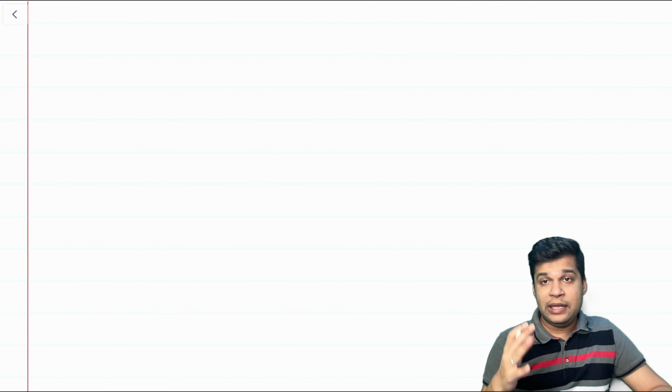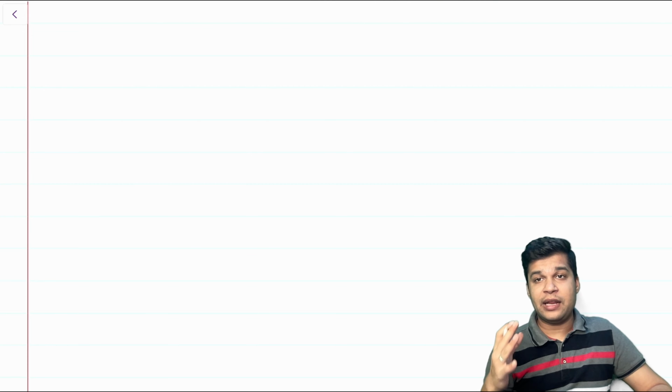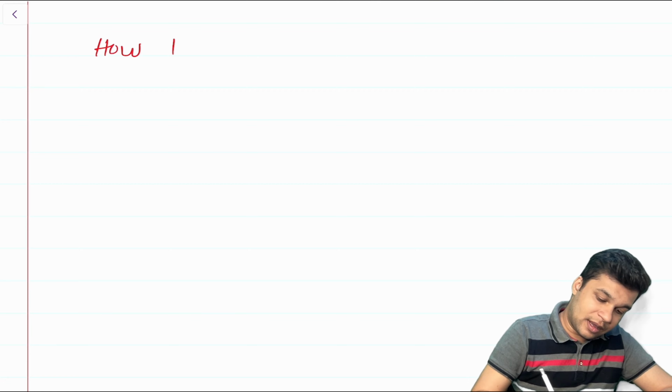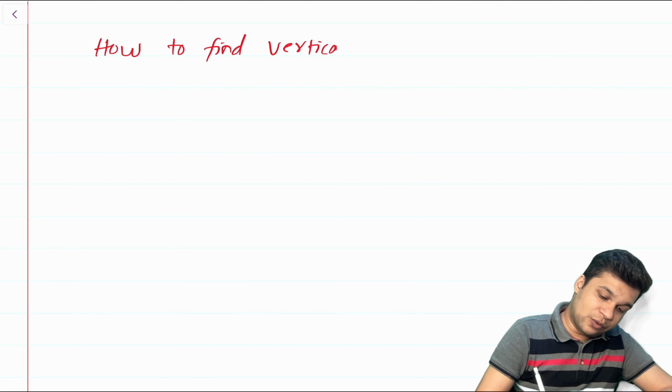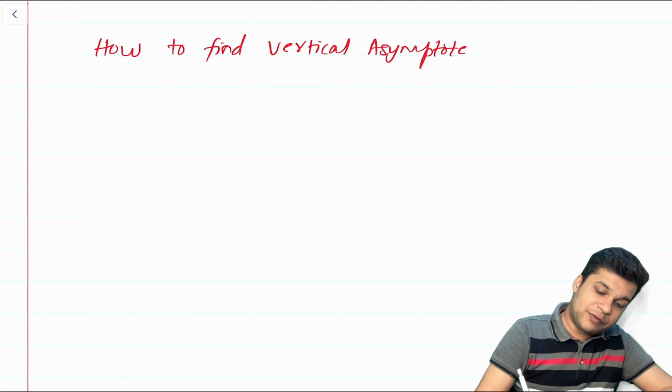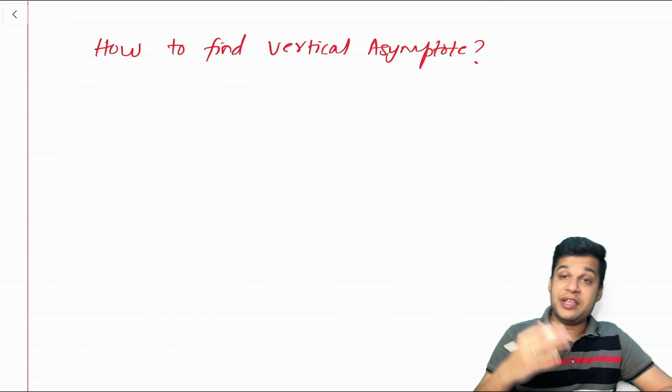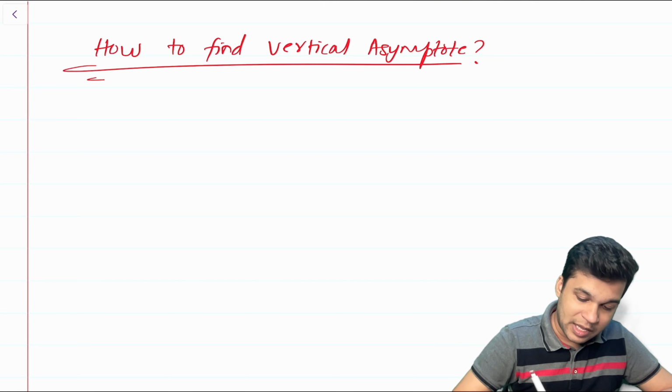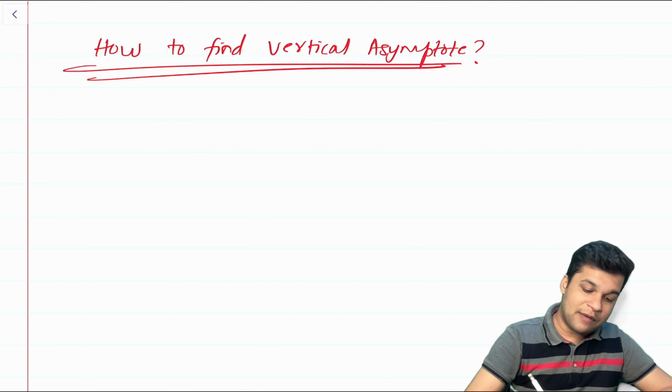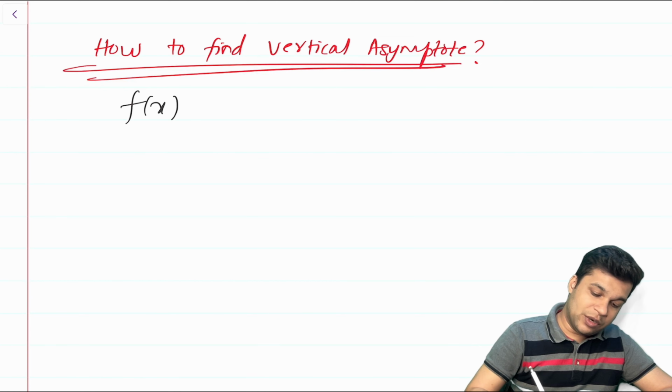So now let us learn how to find vertical asymptotes. It's very easy, by the way. Let's say you have a function f(x) over g(x).